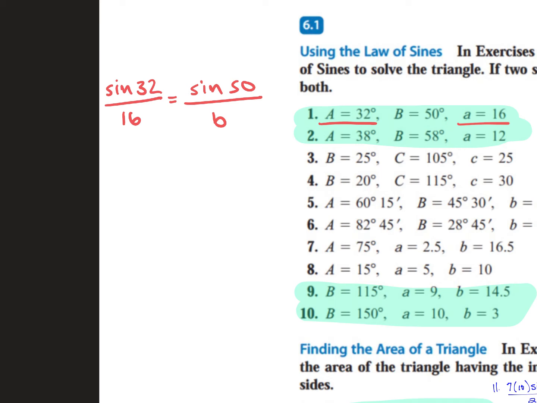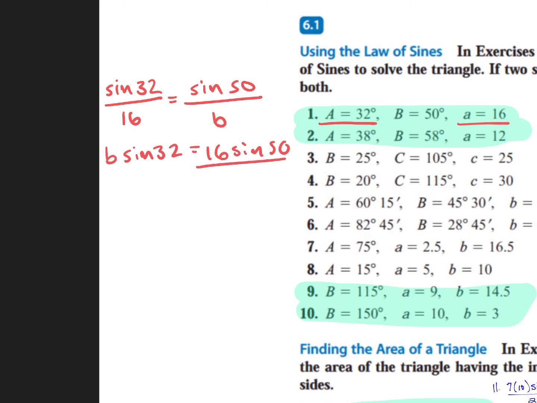And then we solve. So you can cross multiply. And you can do this a bunch of different ways. You can evaluate the first fraction first and then cross multiply. I'm going to cross multiply first. So I have B times sine of 32 is equal to 16 times sine of 50.